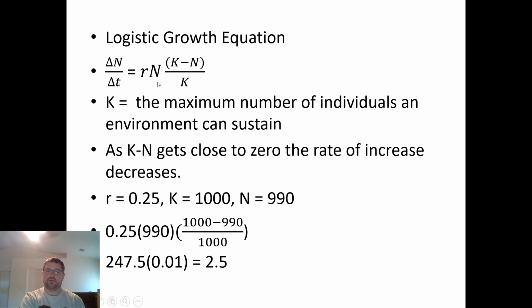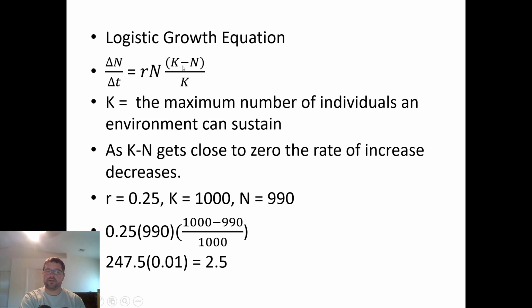So when you're calculating your growth rate, you also have to know, okay, well, what's the top end? So K is carrying capacity, or the maximum number of individuals that the environment can sustain, and N is your population. As K gets close to N, or N gets close to K, the top number here gets smaller and smaller, and when you divide a small number by a larger number, you get really close to 0.